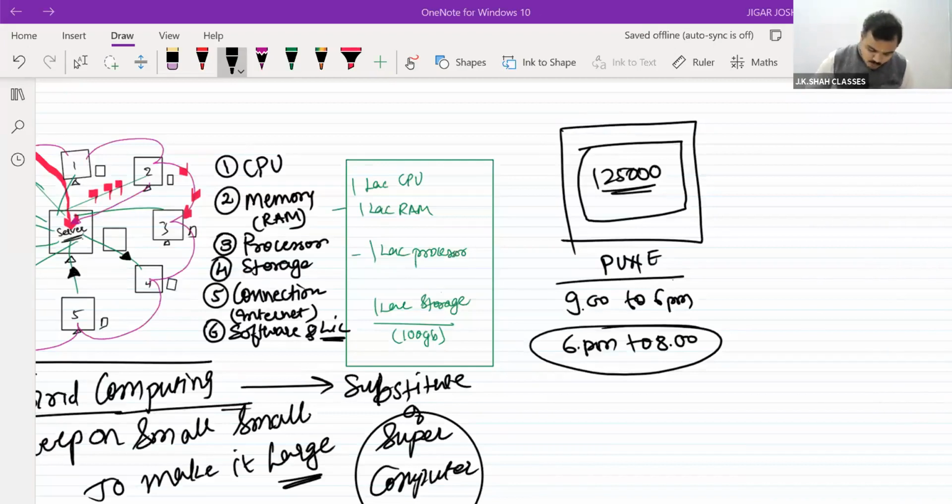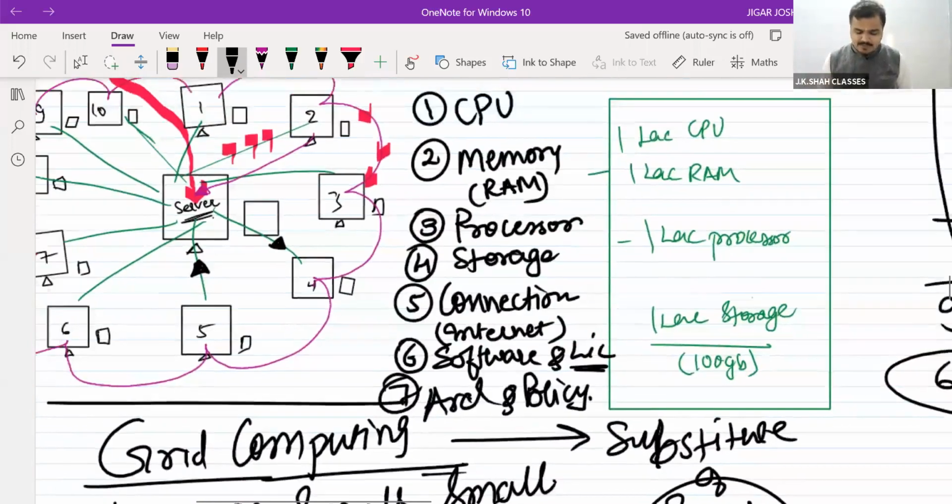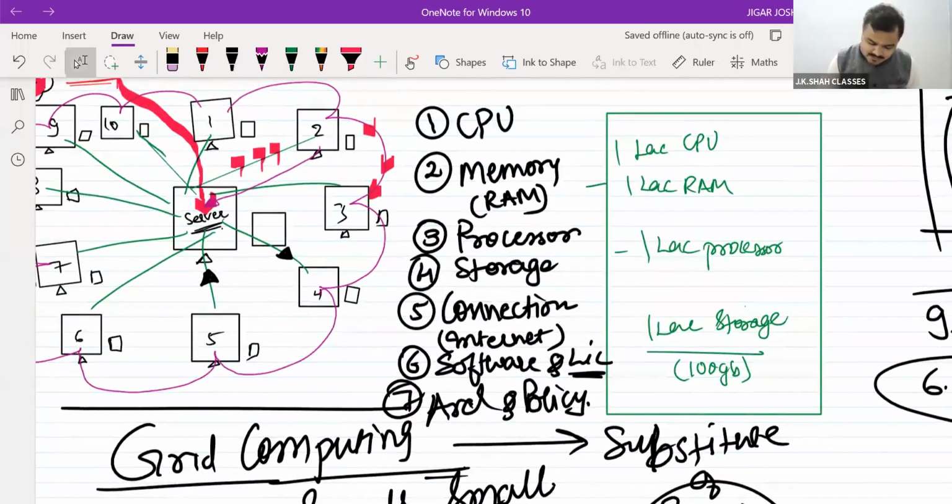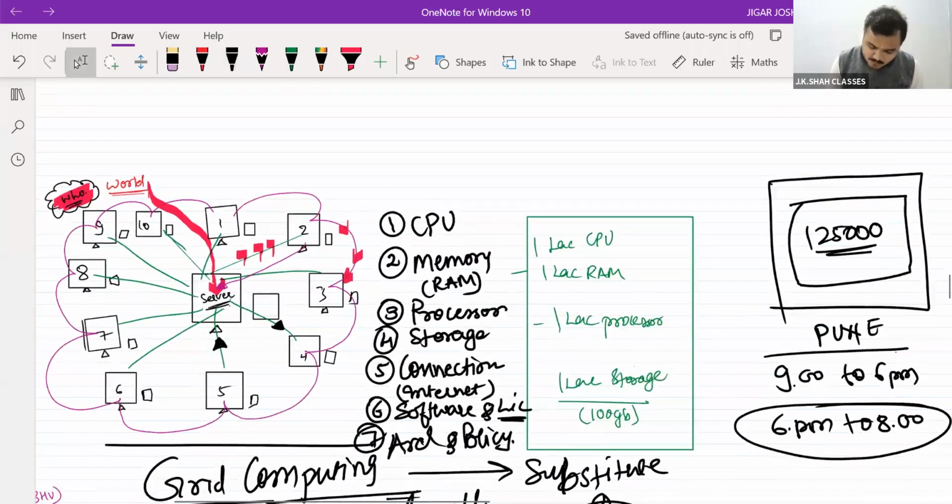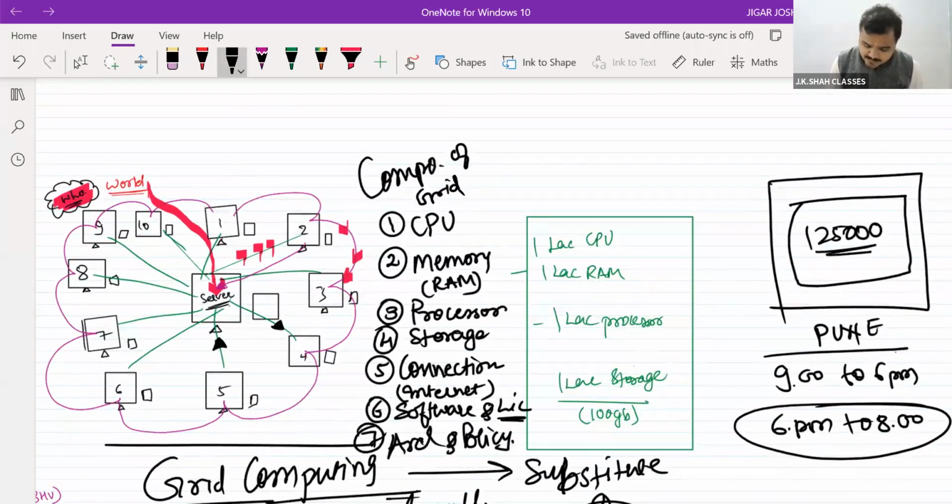So, sir, you want to say over here the seventh point as architecture and policy. Yes, my chartered accountants, architecture and policy. Understood, sir? Are these the components of grid computing? Yes, my chartered accountants, these are the components of grid computing. Are you clear till here?